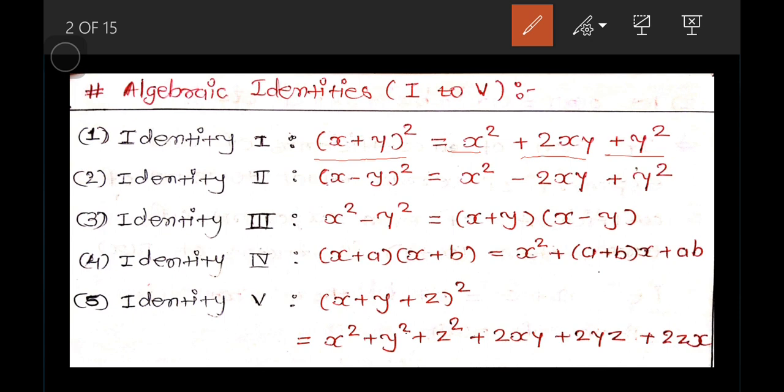This is the first identity that we have to remember.